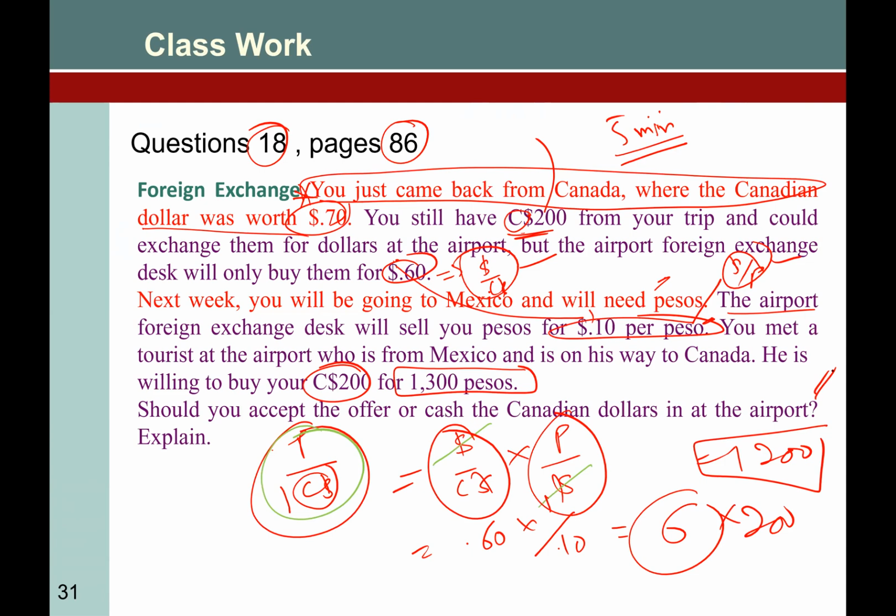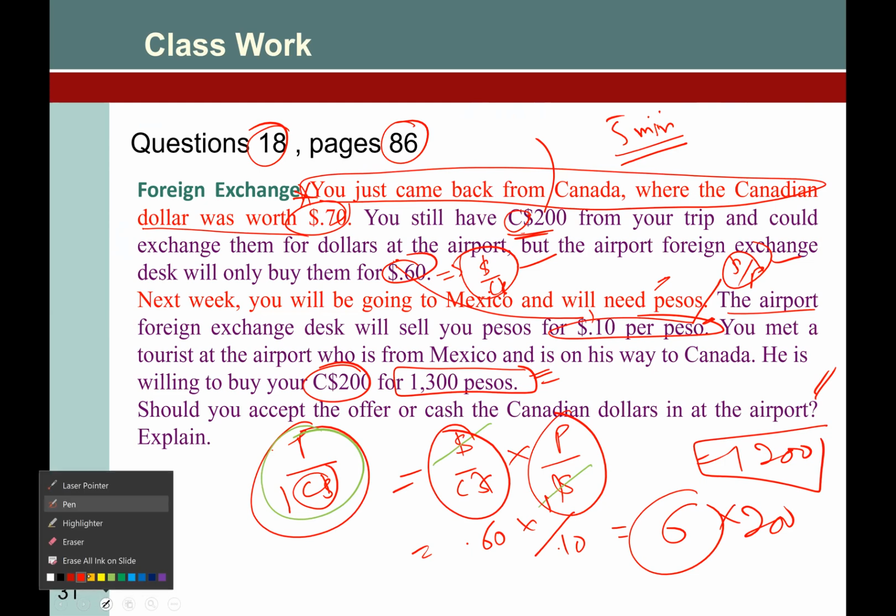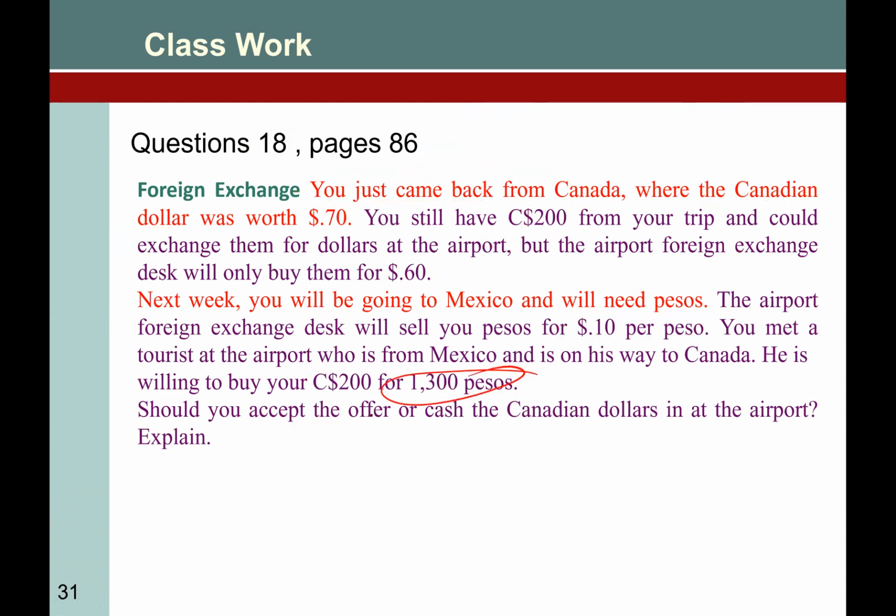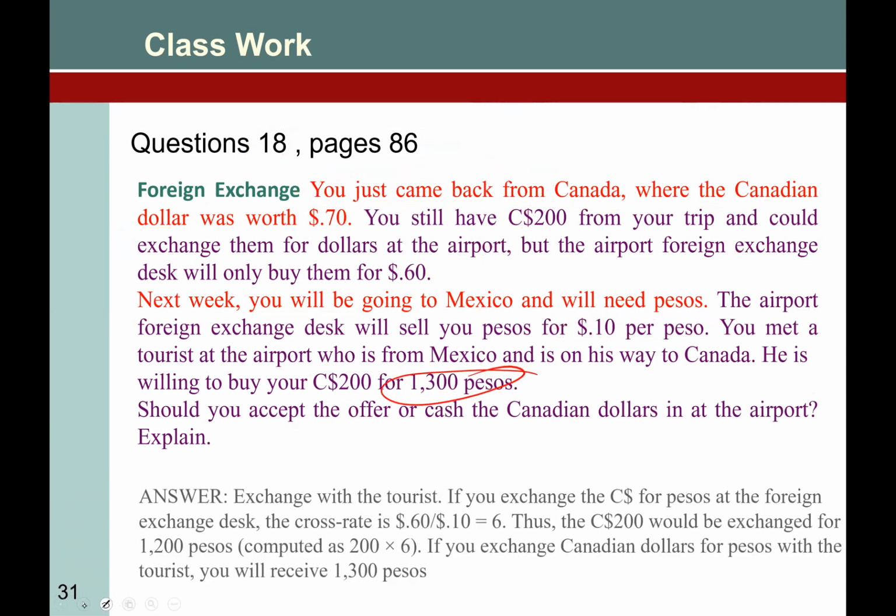So what is the better deal? Buy from the passenger. I am also giving you the answer here. Those who still don't understand, or those who are not here when I upload this slide, can also read this answer.